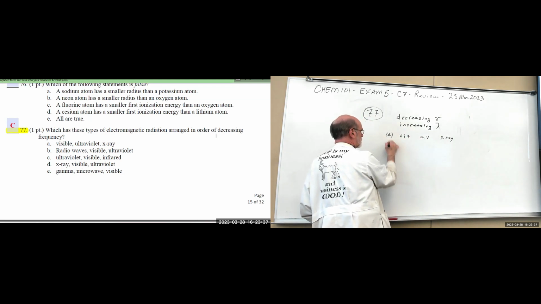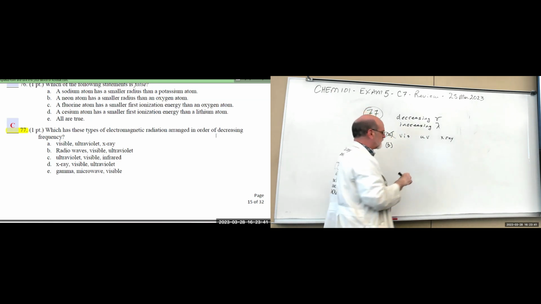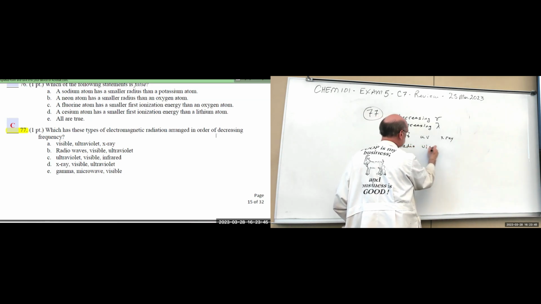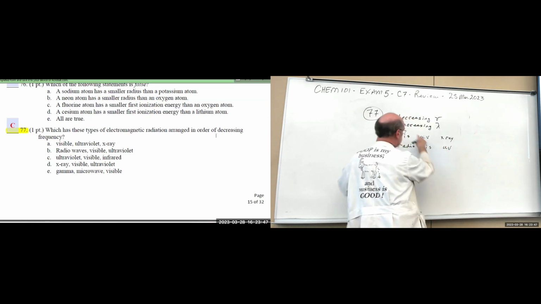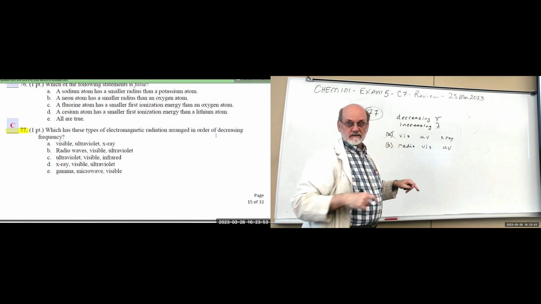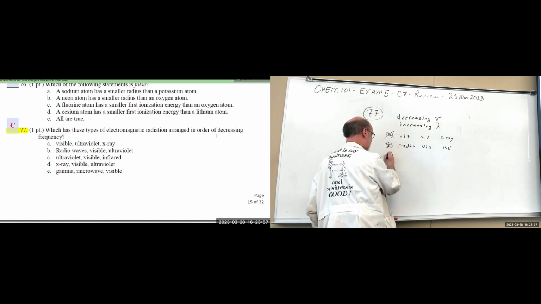Right? So that's not it. How about B? Radio, visible, ultraviolet. Increasing wavelength? No, it's the other way around. Increasing this direction. Okay, so that one's not it.